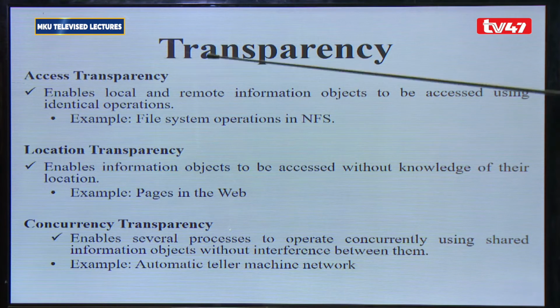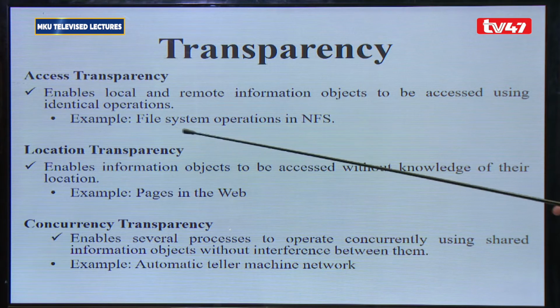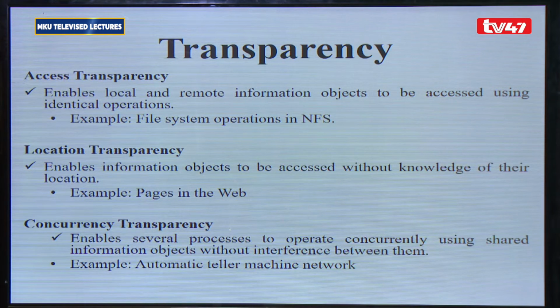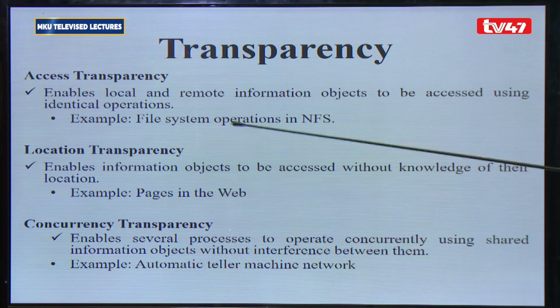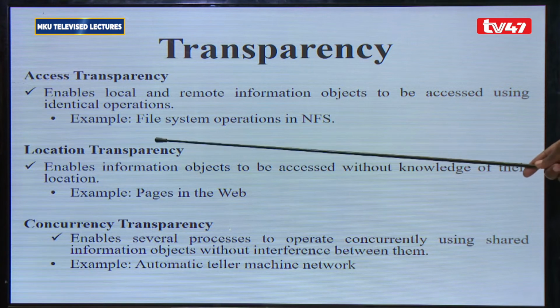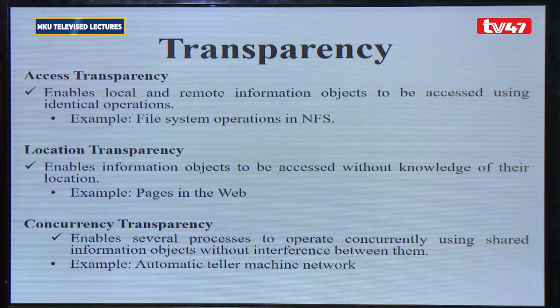So there is always access transparency. So you know who is accessing what, mostly in file system operations in NFS. For you to understand this further, because we won't take the whole time discussing this transparency, you can check out these file system operations.